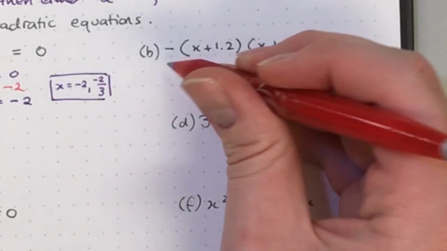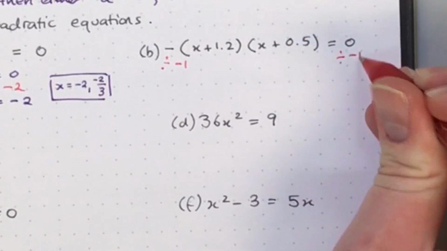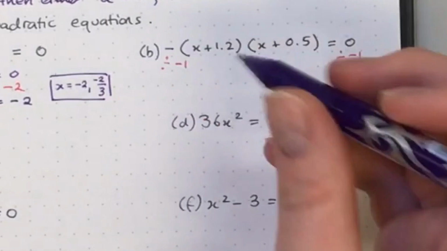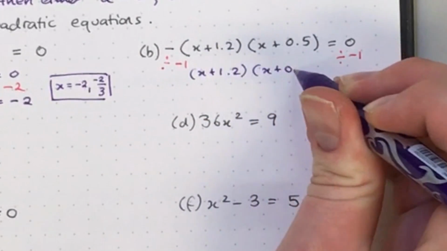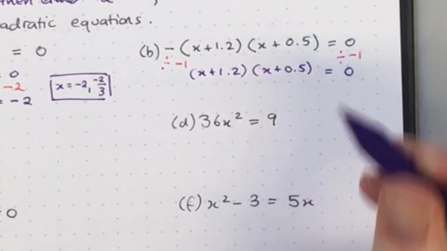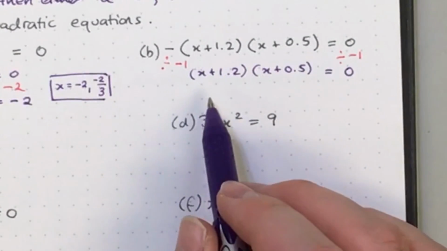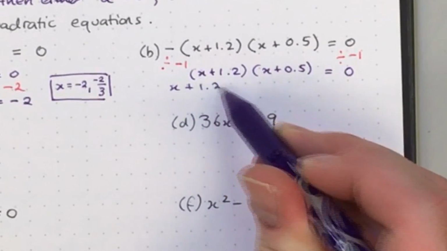So the easiest way to do this would be just to divide everything by -1. Because what's 0 divided by -1? 0. Some people might want to know where the minus went, so that's why we're rewriting it. Then I just make each one equal to 0.